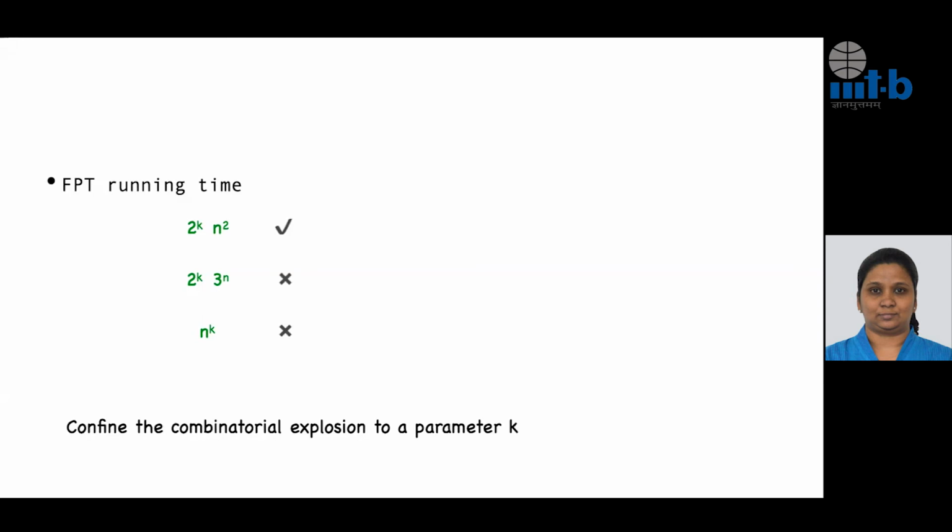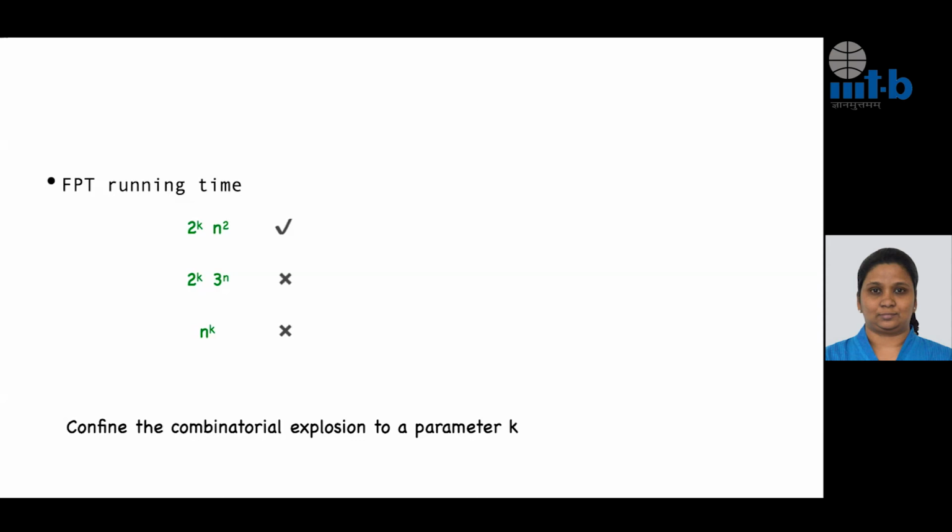If k is a constant, then f(k) is also a constant, and we have a polynomial running time. Or let's say k grows very slowly with respect to n, then again it's a good one. If you compare 2^k n^2 and 2^k 3^n, both are exponential, but one is exponential in k, one is exponential in n, and you have to expect n to be large.